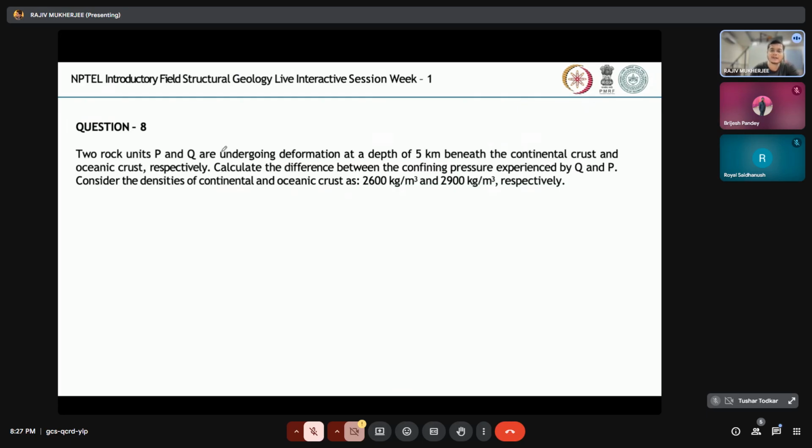Calculate the difference between the confining pressure experienced by Q and P. Consider the densities of continental crust and oceanic crust as 2600 kg per meter cube and 2900 kg per meter cube respectively.